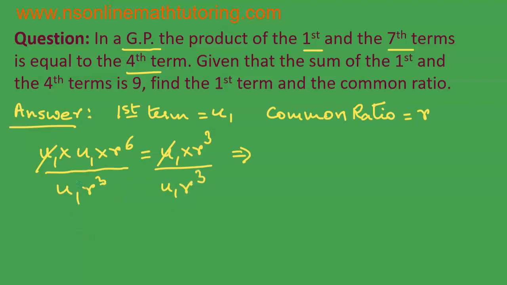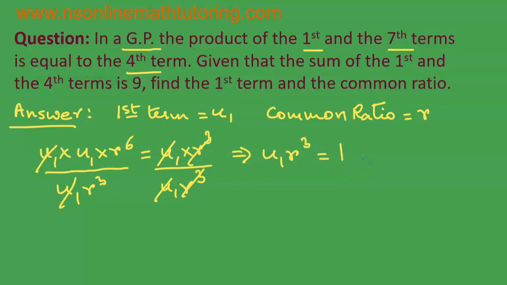Okay. So these two are getting cancelled, and the left hand side of the equal to sign is having u1, and r to the power of 6 divided by r to the power of 3 is giving us r to the power of 3. And the right hand side is equal to 1. So u1 r to the power of 3 is equal to 1.